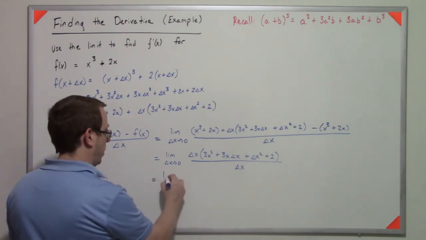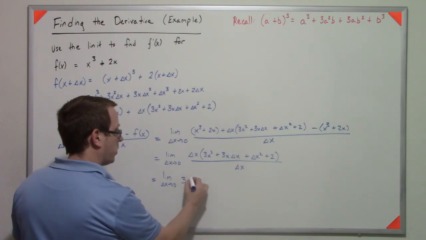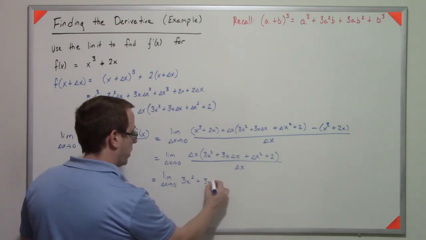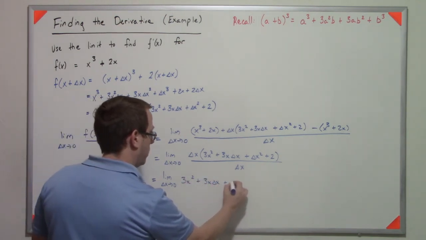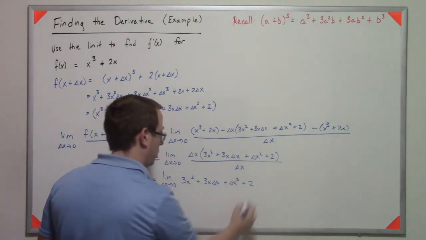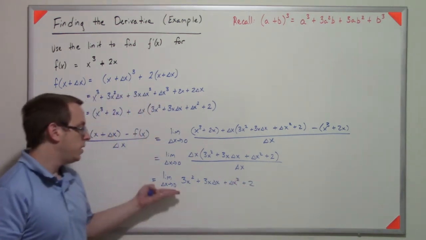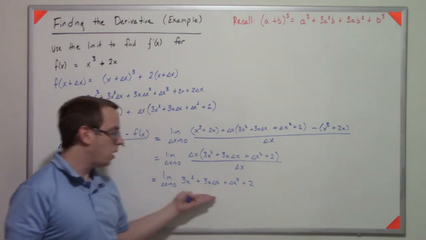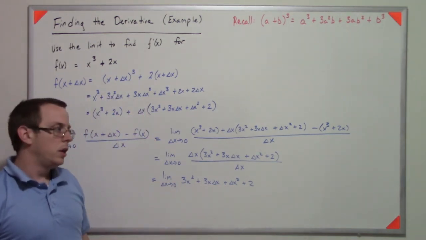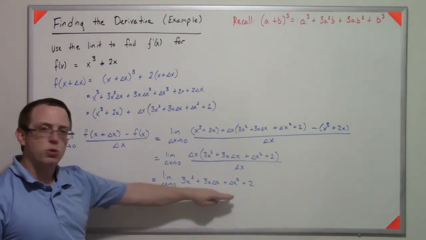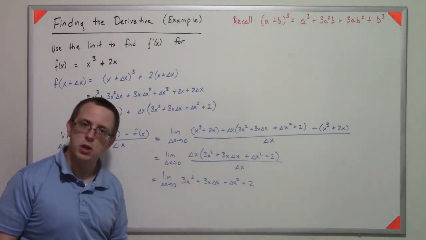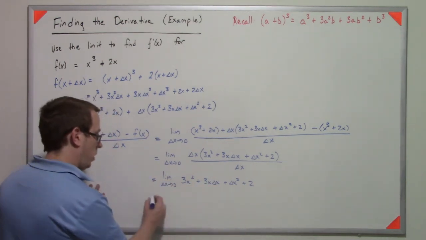So that's the limit as delta x approaches 0 of 3x squared plus 3x delta x plus delta x squared plus 2. Now what we find is that this is a kind of polynomial-ish function, and so we can use direct substitution with no issues, because it's not like we're going to have a domain problem.